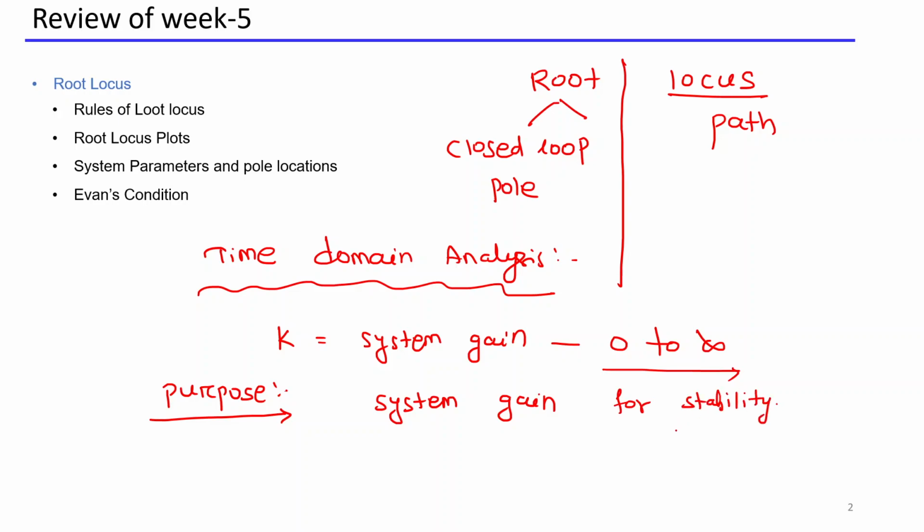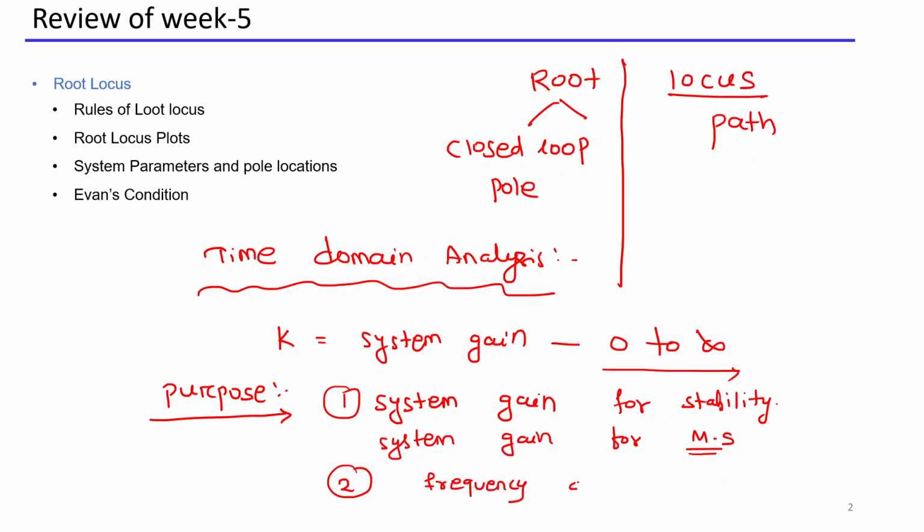Sometimes your system will not be stable, then you have to find the system gain for marginal stability, or the value of K at which the system becomes unstable. The second point: if the system is marginally stable, you have to find the frequency of oscillation.